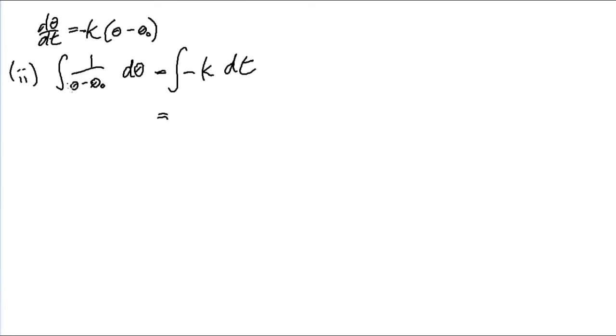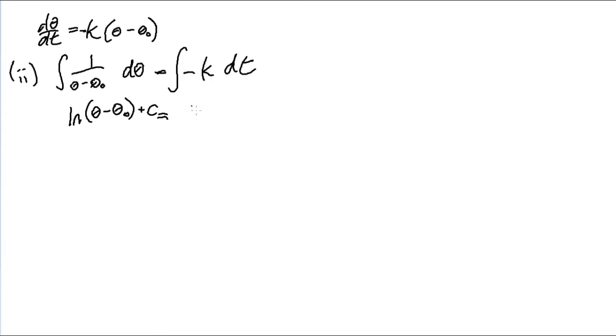So because we're integrating a fraction and we have the integration variable at the bottom, if we differentiate the bottom and we get the top, then the integral of this whole thing is natural log of theta minus theta naught plus a constant c.